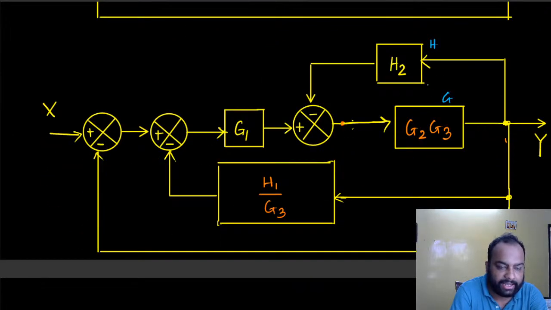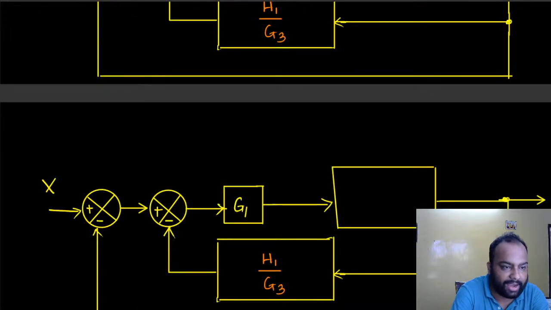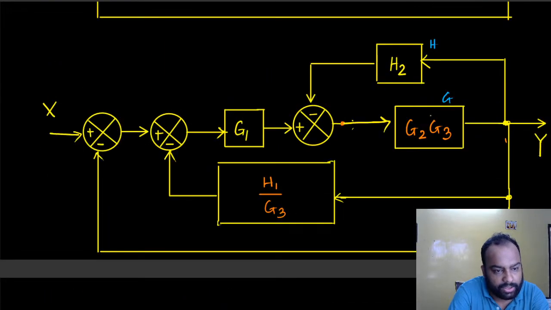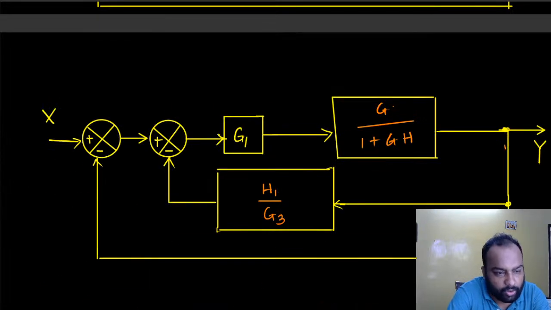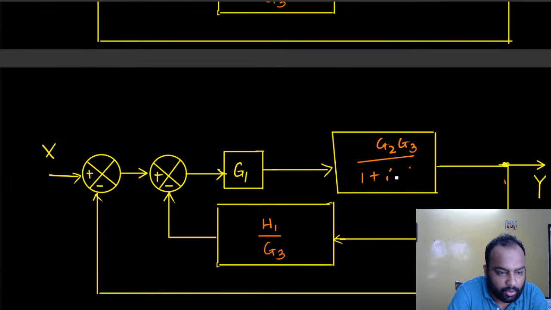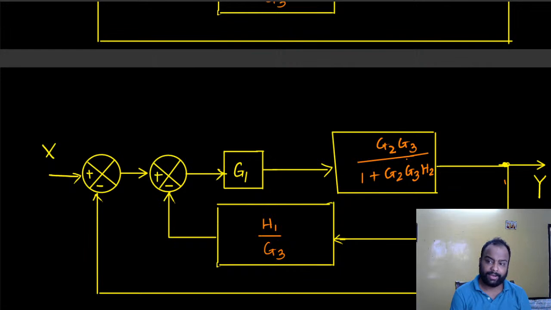So after converting everything into their equivalent circuits, it will be G by 1 plus GH. Now G is G2 G3, so I would have G2 G3 here, and H is H2, so I would have G2 G3 H2.